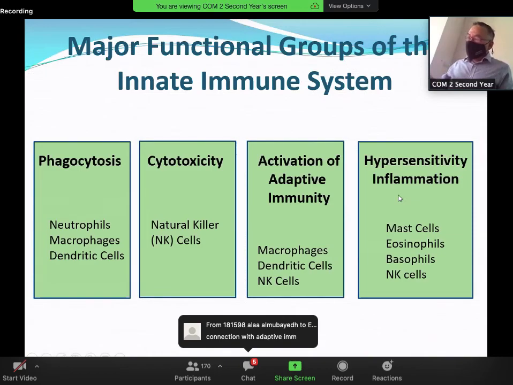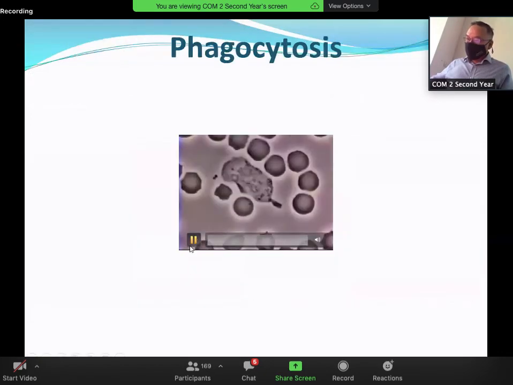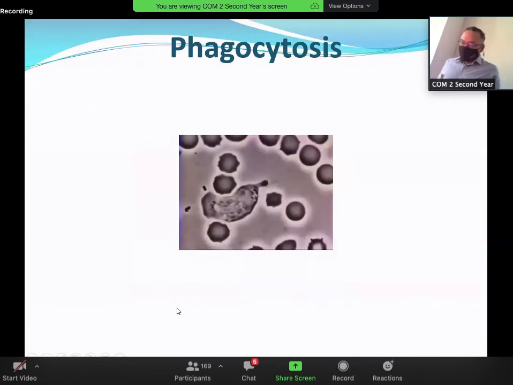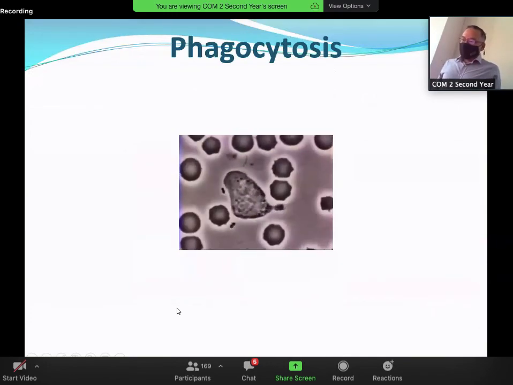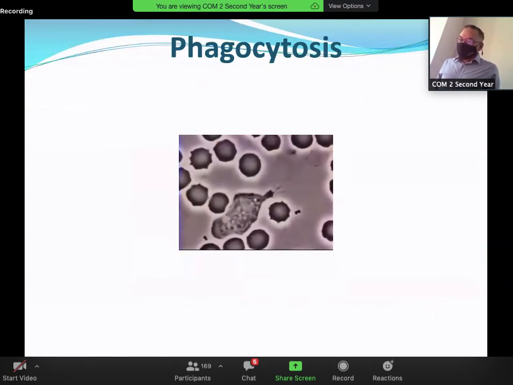Hypersensitivity, as I said, we'll cover in one of the later lectures. This is a time-lapse video of a neutrophil chasing these bacteria.